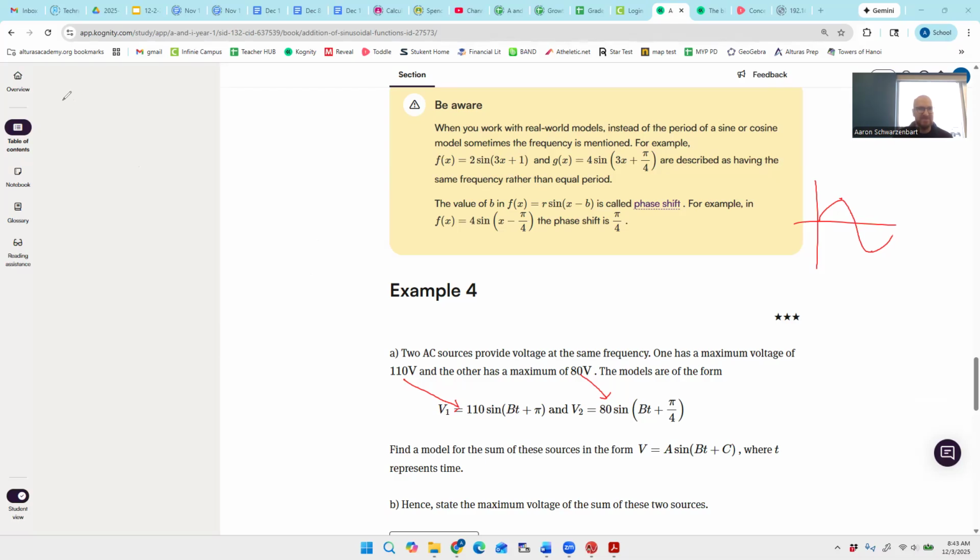So to do this, we start by converting to polar: 110 e to the bt plus pi I plus 80 e to the bt plus pi over 4 I.